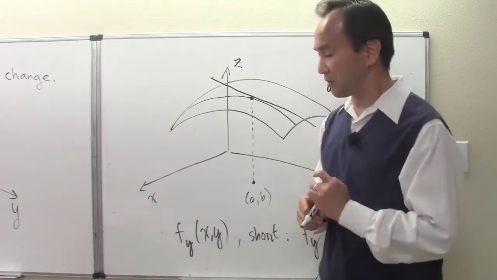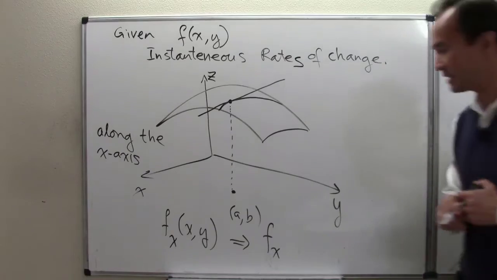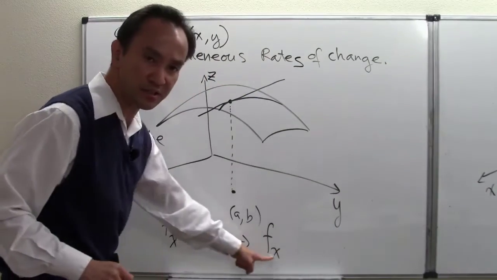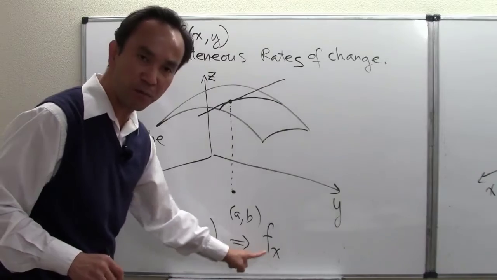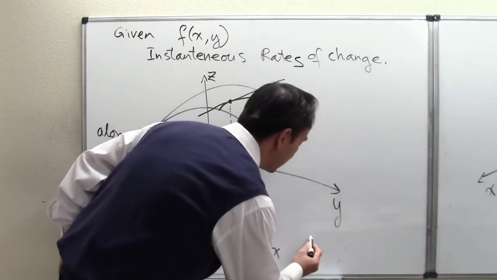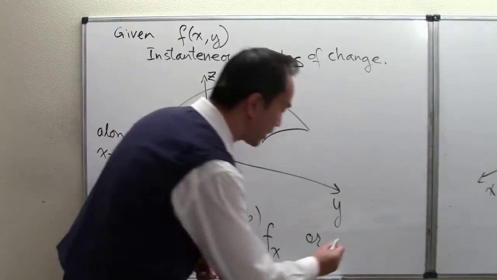Notationally, aside from this notation with the subscript indicating the partial derivative, we also have a different way of writing it.